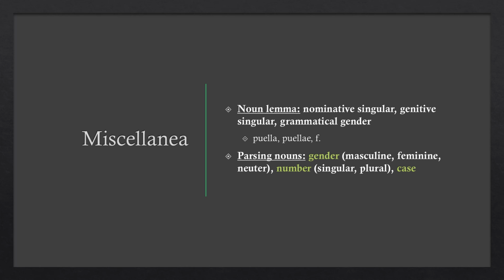A noun's lemma will contain 3 pieces of information: its nominative singular form, its genitive singular form, and its grammatical gender. For example, the lemma for puella is puella, puellae, feminine, often abbreviated F period. We will learn the genitive case and grammatical gender soon. For now, just make sure you include this information when you create your Chapter 2 vocabulary study materials.